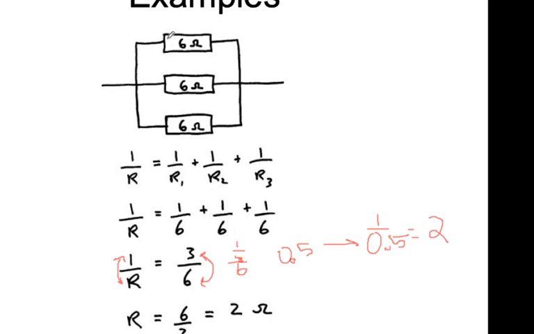You can see that if these were in series, we would have 18 ohms of resistance, but since we put them in parallel to one another, we're left with only 2, which is extremely different. So we can really use this idea of splitting our current up and running it across resistors in parallel to reduce the resistance of a circuit.